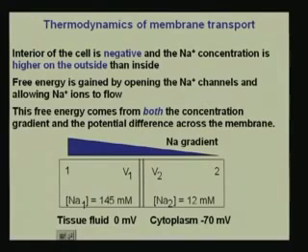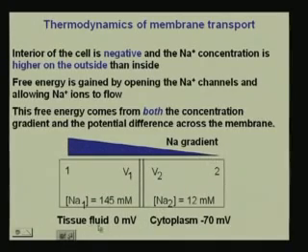Okay, so what do we have? If we consider now our sodium gradient, what did we have? We had 145 millimolar outside. We know that the inside of the cell has high potassium and low sodium. So, the sodium gradient is such that you are going from the outside to the inside of the cell.